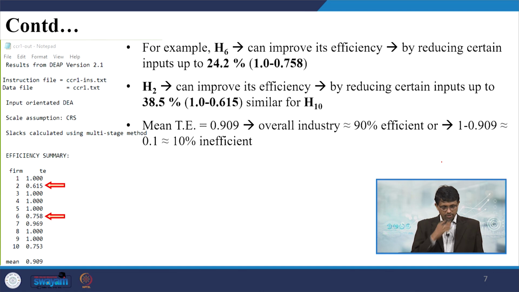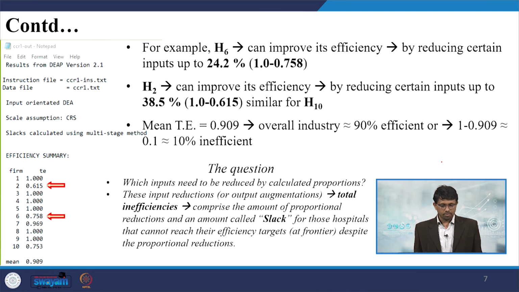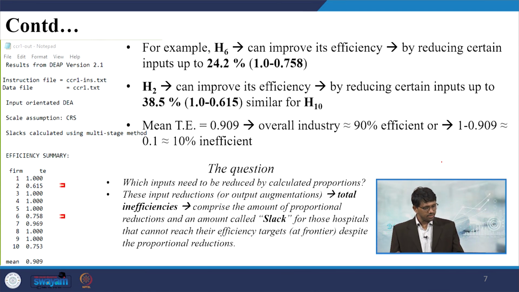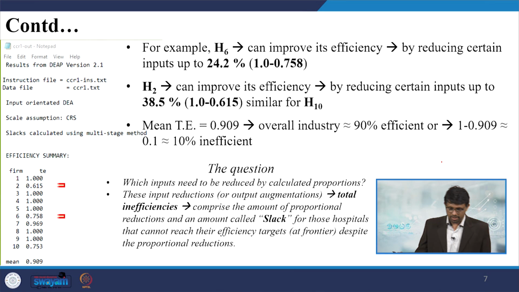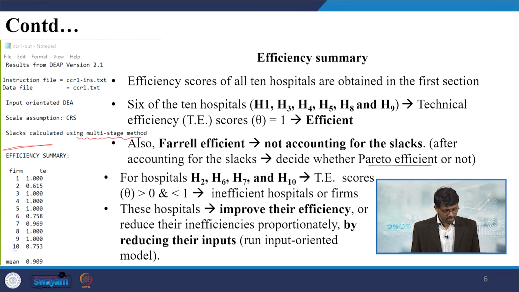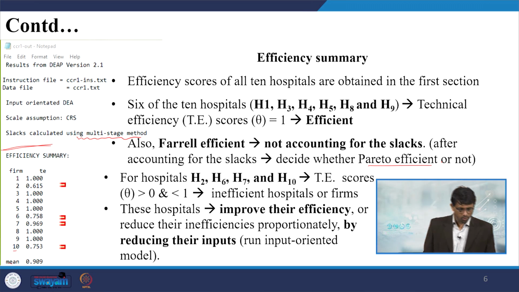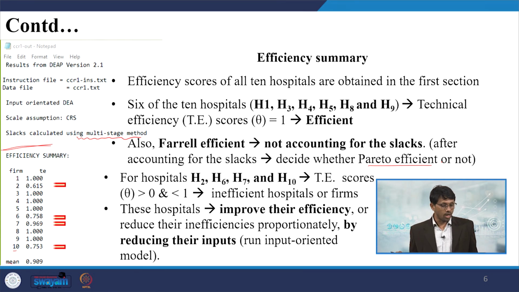So, let us see what there is. For example, H6 can improve its efficiency by reducing certain inputs by 24.2%. So, what do you mean by this? You can just see at the back. We have already mentioned H2 is 0.615, and that means what is the difference as against 1.